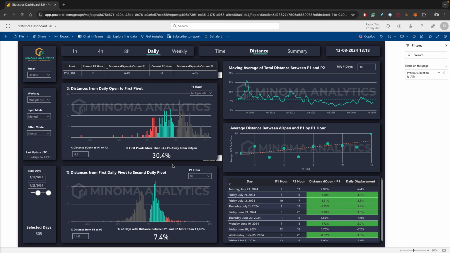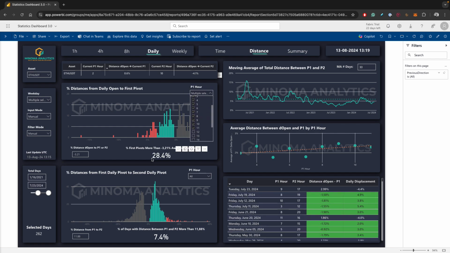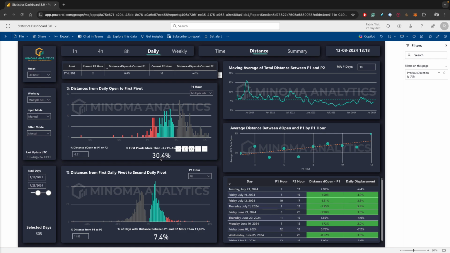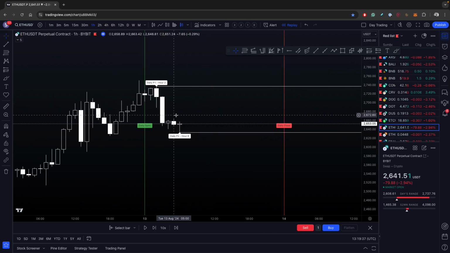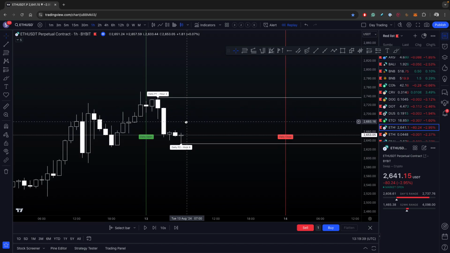When we look at only the days that have a P1 between hours 3 and 11, it's 28, let's keep 12 for a second. It's 30%. So that's double, right? Suddenly we can be a lot less confident in saying that P1 will hold. It's still an edge in this case, but it's not the same as 15%.